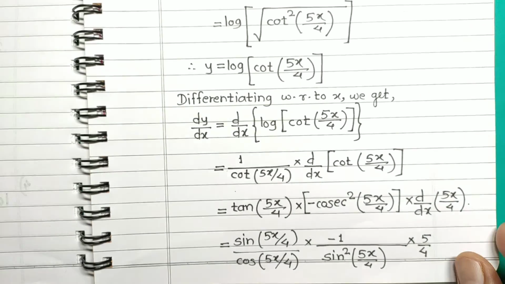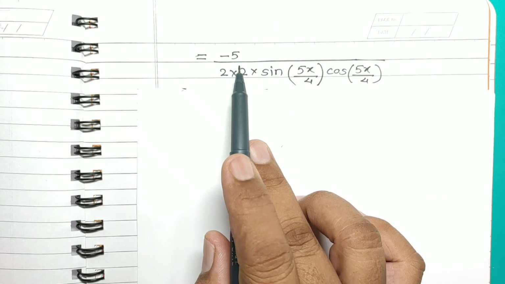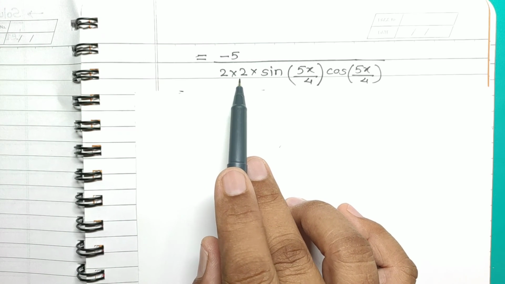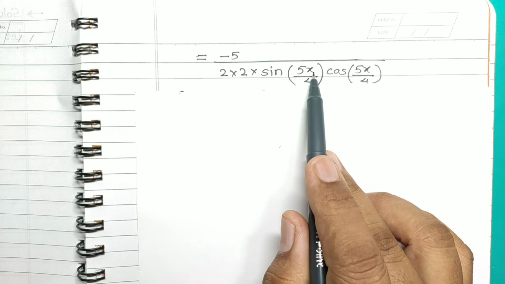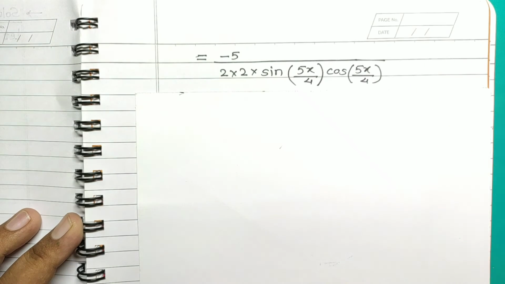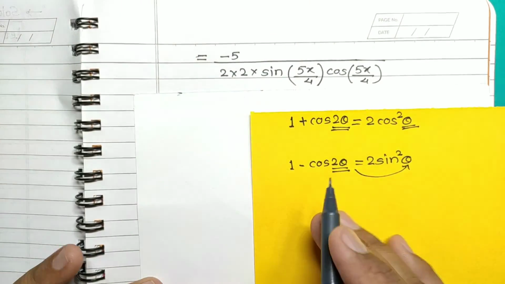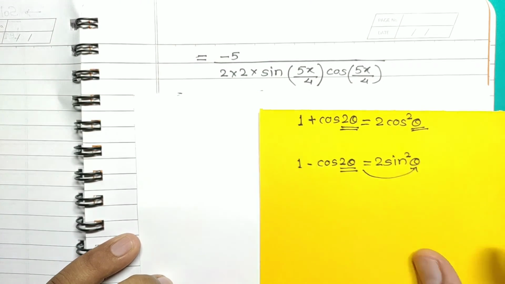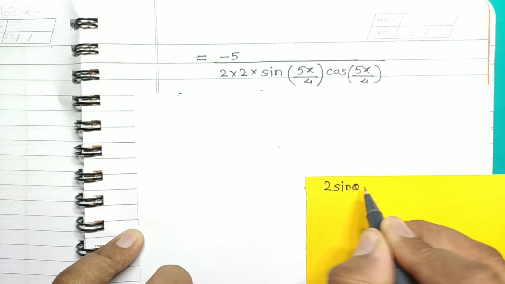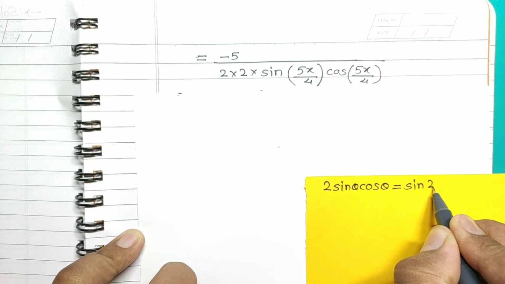So see, at the next step we find that it is minus 5 at numerator, and I have written this 4 as 2 into 2 into sine of 5x by 4 into cos of 5x by 4. Once again here you remember one more result from trigonometry. See, we know that 2 into sine theta into cos theta is sine 2 theta.